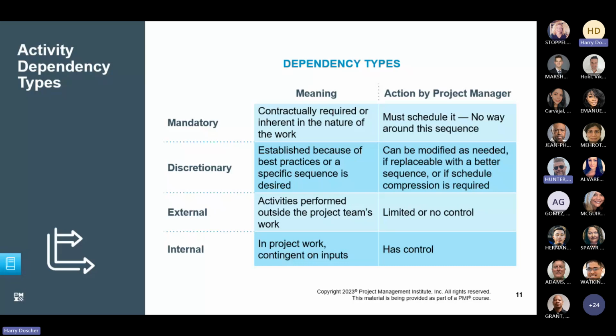Discretionary ones are the ones that are really a best practice in the industry. You may be able to modify that somewhat if you understand what the dependencies are and exactly how the project needs to deliver.